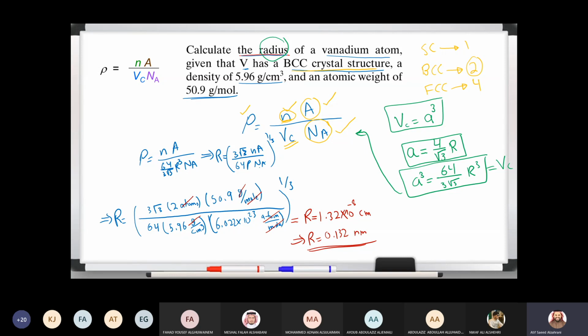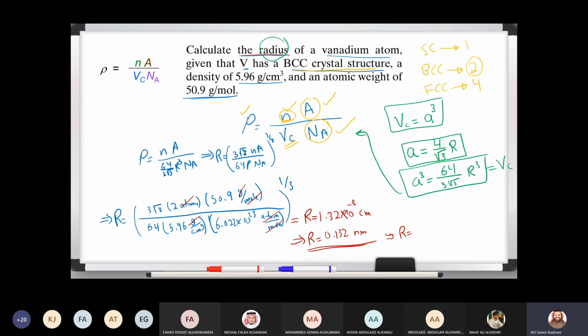Sometimes the question asks you specifically for a specific unit. So what will be the angstrom then? 1.32.